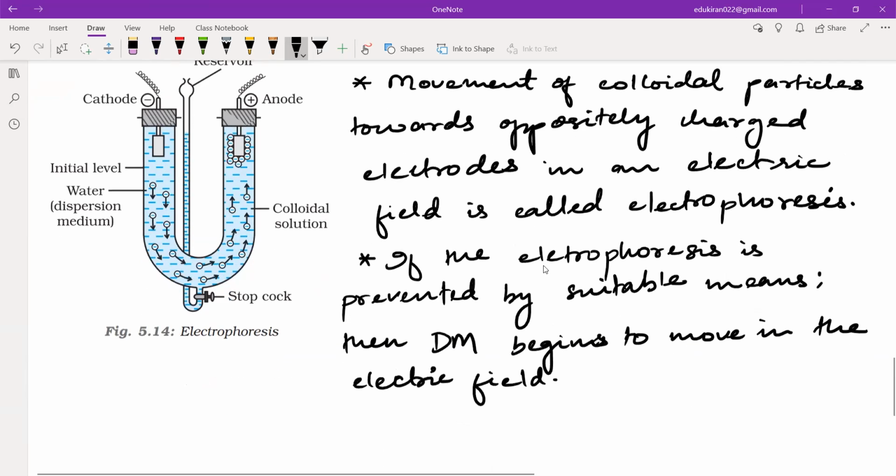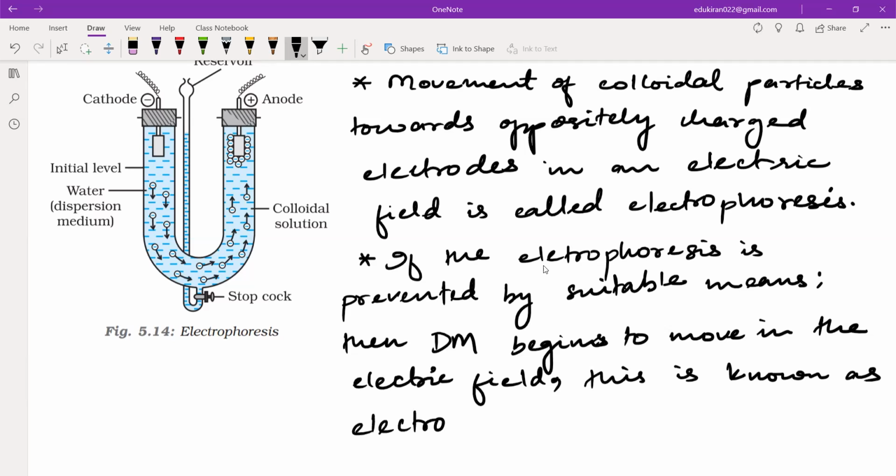In electrophoresis, we have colloidal particles moving, and in electro osmosis, the dispersion medium moves in the electric field. It is known as electro osmosis.